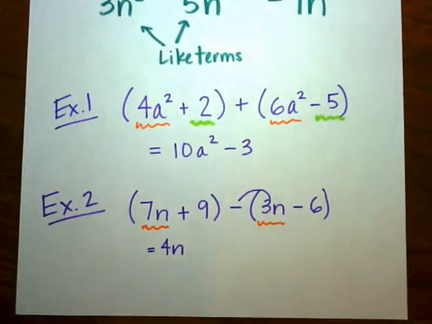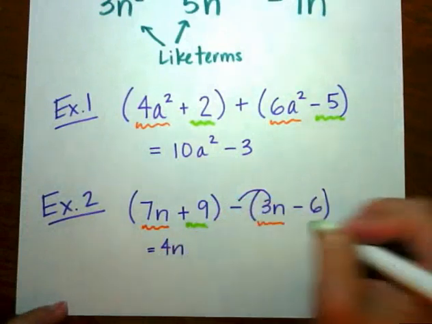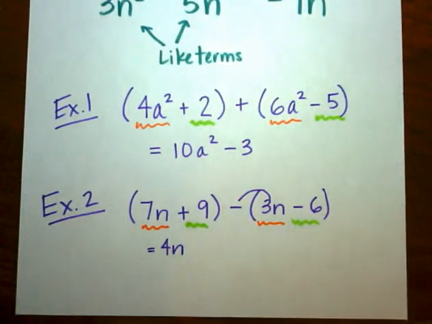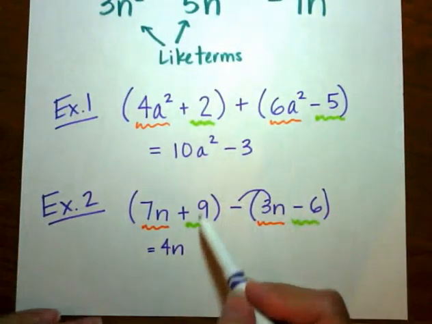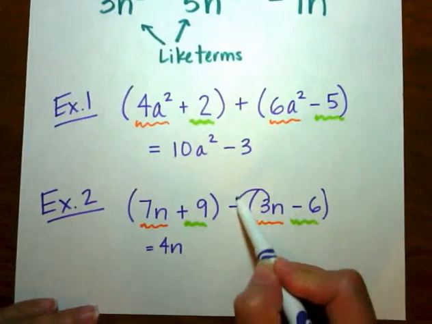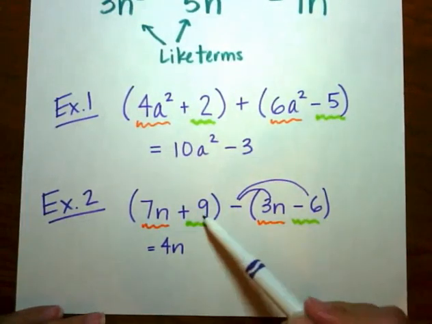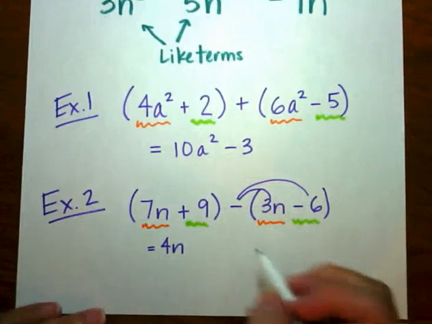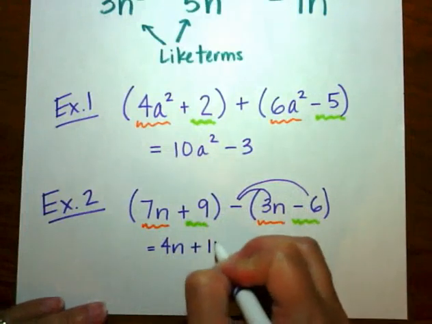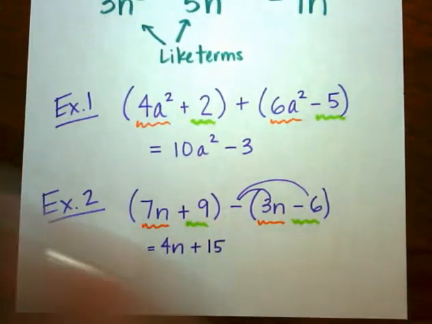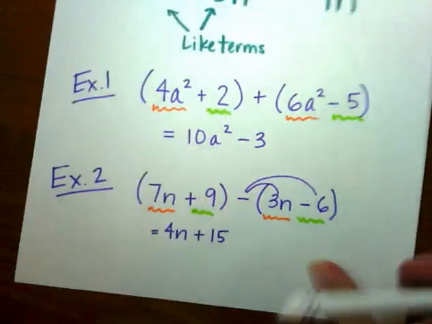And then I notice that these two are like terms. And again, we're going to do 9 minus negative 6, which would be the same as 9 plus 6, which makes this 15. All right, let's try trinomials.